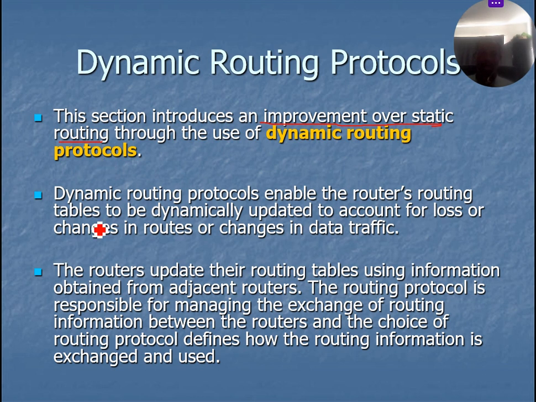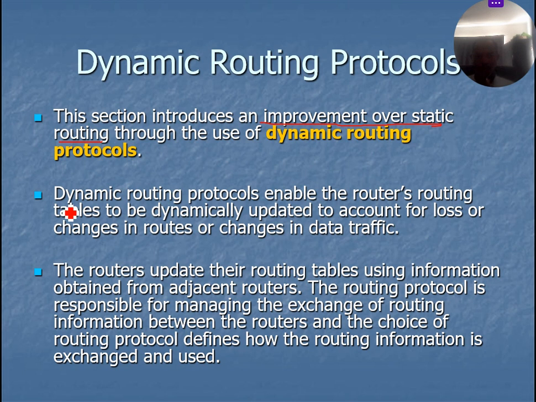However, let's look at dynamic routing as it were. Dynamic routing protocols enable the routers' routing tables to be automatically updated to account for loss or changes in the route or changes in the data traffic. You know, every router has a routing table.